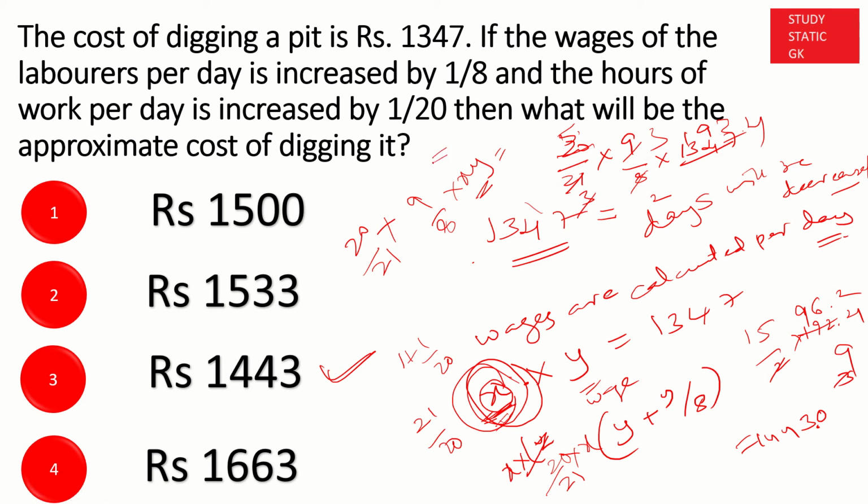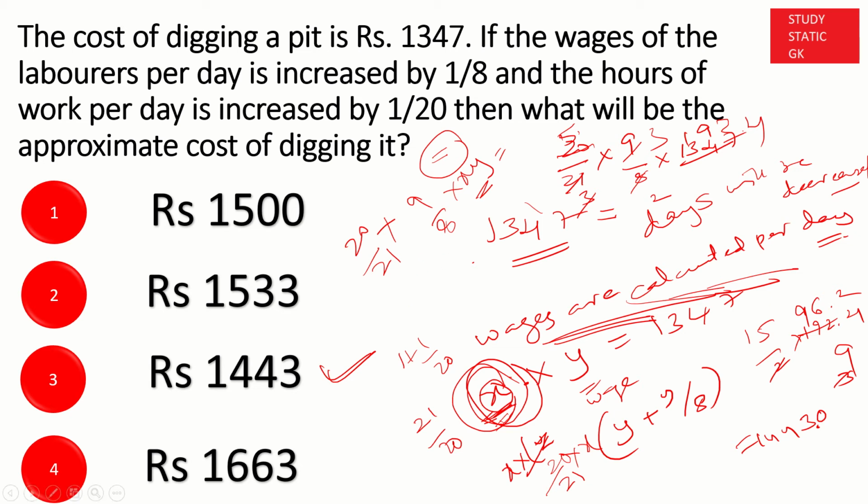When working hours per day are increased, the total number of days of the work will be decreased, and wages are calculated on per day daily basis. So don't confuse here.